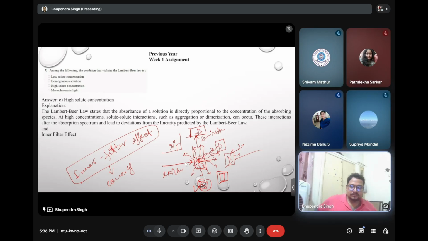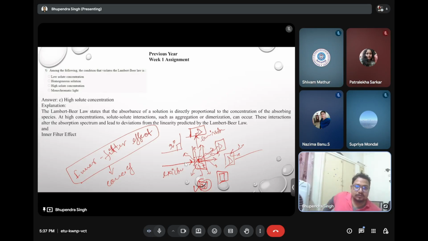But in emission, we are not determining the transmission of the light. For transmission of the light, we use the absorption spectrophotometer. This is the emission photometer. There are two instruments, absorption and emission instruments.